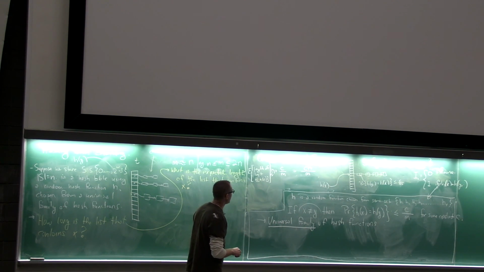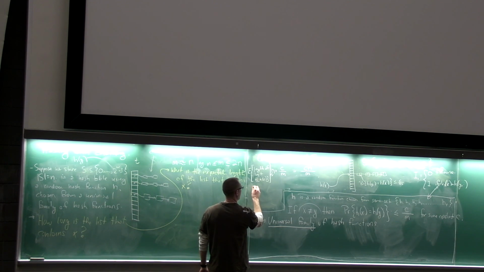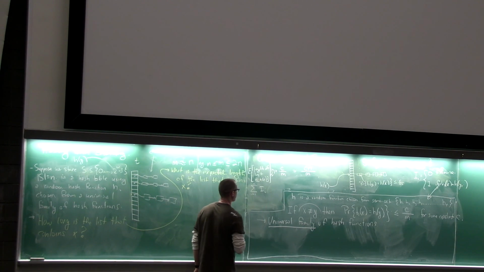And then the length of that list is the sum, I equals 1 through n, of I.